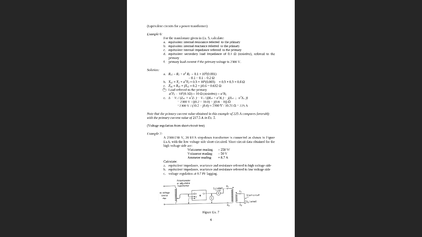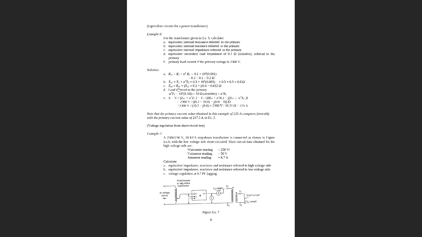Okay, part C. When we're talking about the internal impedance referred to primary, you must combine both the resistance and the reactance. You can write them separately, or in polar form, or in complex number form like this. So here we write in the complex number form.